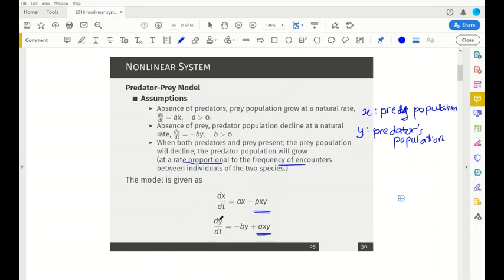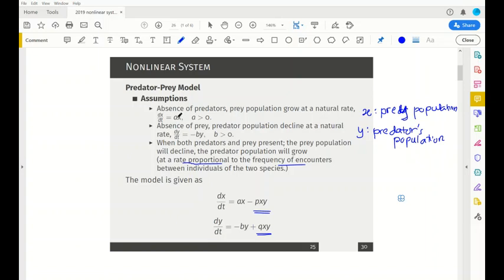We have two equations. In the first equation, x is the prey population, so this is the change of prey population versus time. The second equation, dy/dt, is the predator population change versus time. On the right hand side of the first equation, the first term comes from the first assumption.